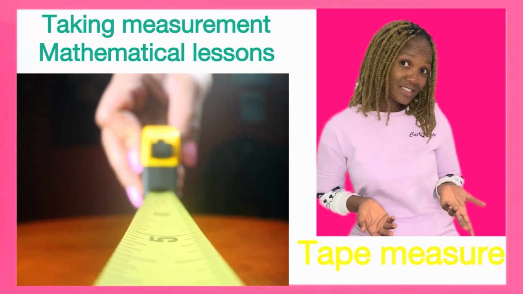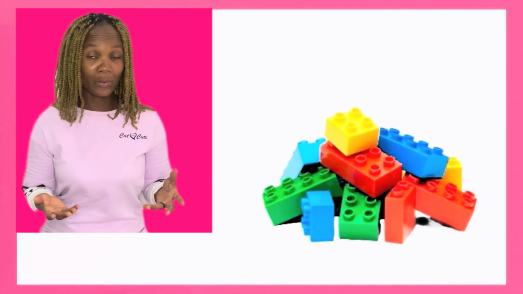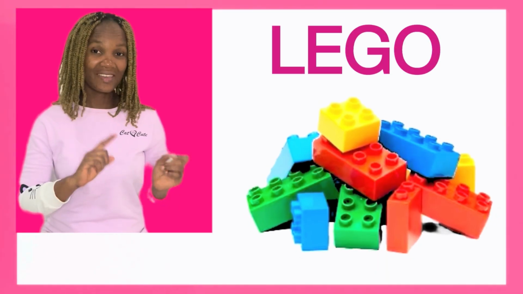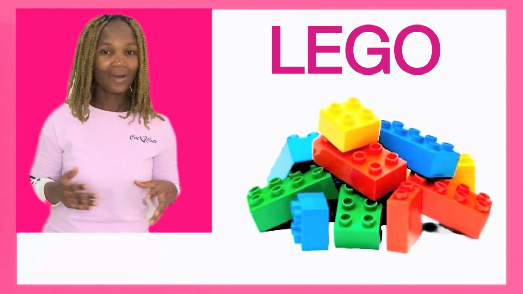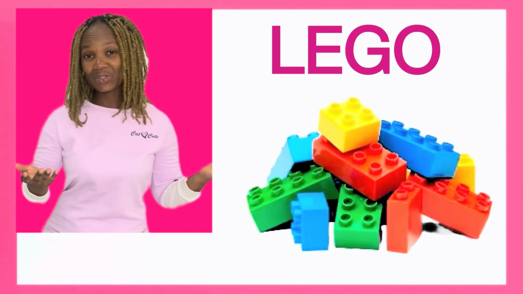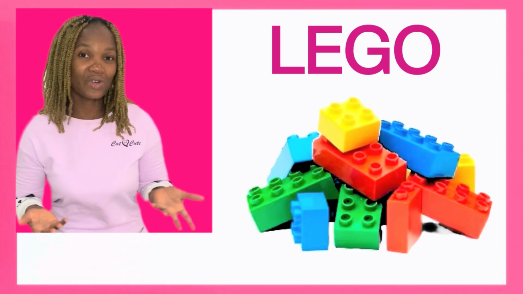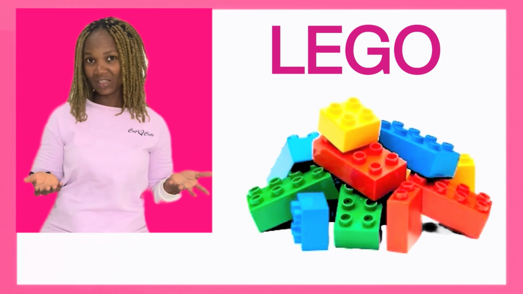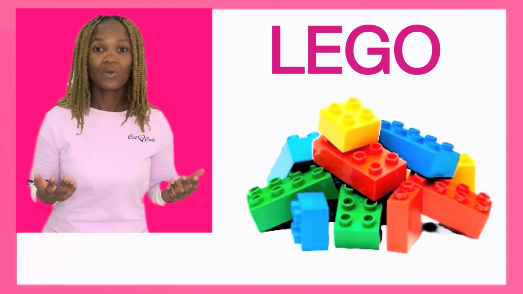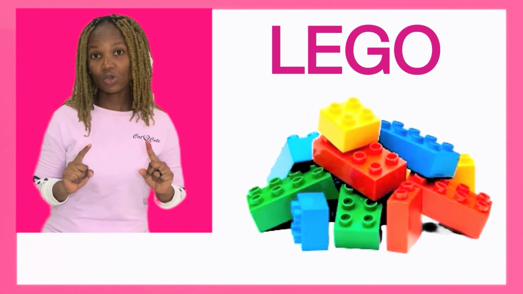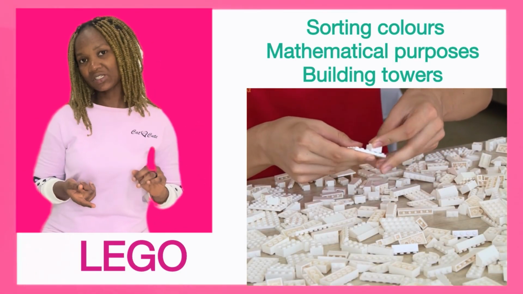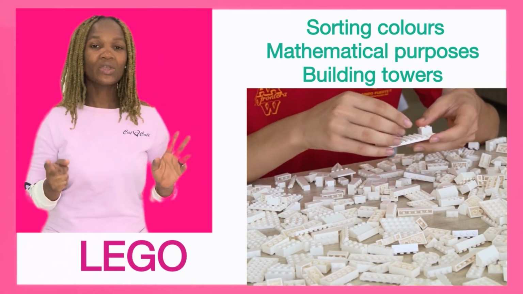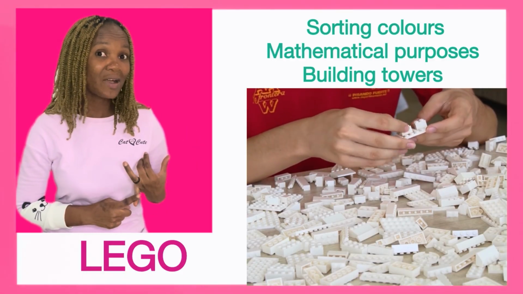That is Lego. This is called Lego. Lego actually is one of the most interesting objects that is found in the classroom space. We use Lego for sorting of colors. We also use Lego for mathematical purposes. We can use Lego for counting numbers.